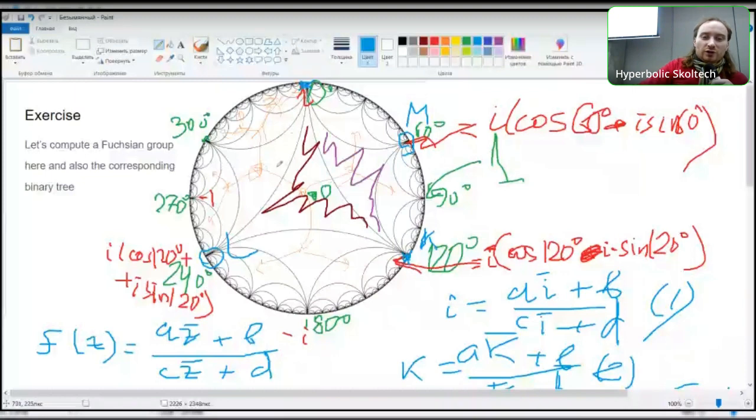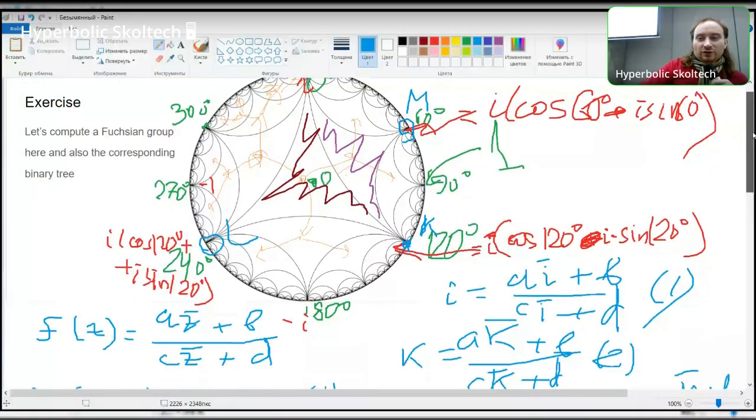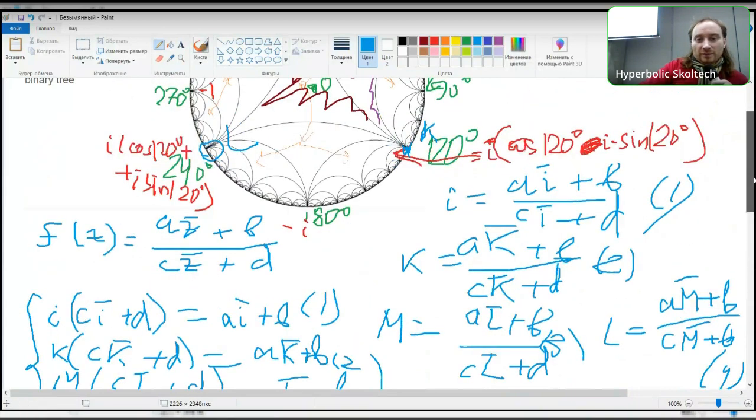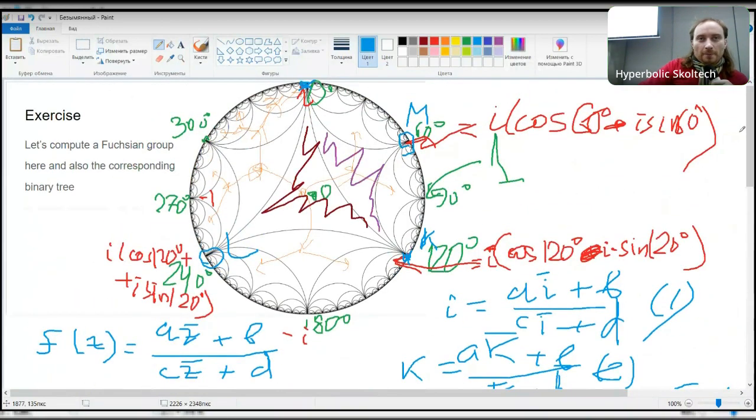So just multiply by the corresponding complex number. So you just need to compute one generator. This equation could have two generators. Yeah, actually, two generators will be enough here, since the third will be expressible by the two others.